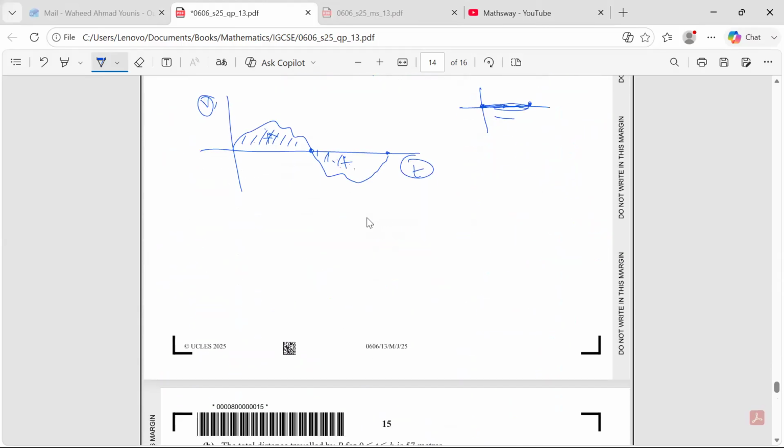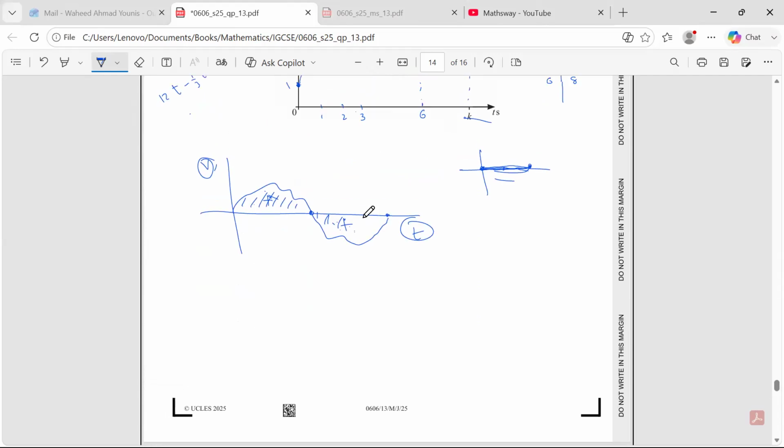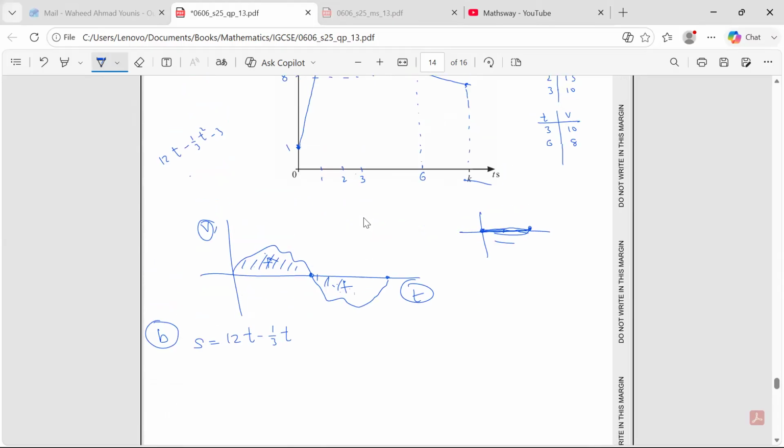Okay, let me do this again. This is part B I'm trying to solve here. We know that the distance or displacement is equal to 12t minus 1/3 t square minus 3, right? So at k seconds, this distance is going to be 12k minus 1/3 k square minus 3.